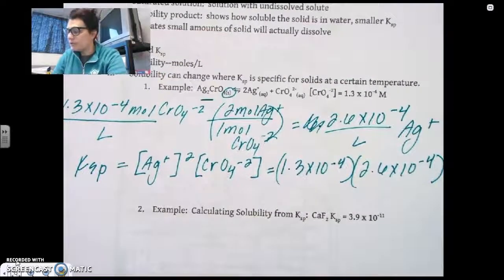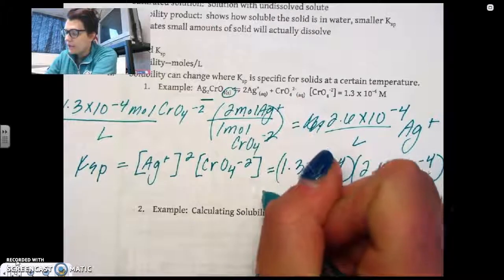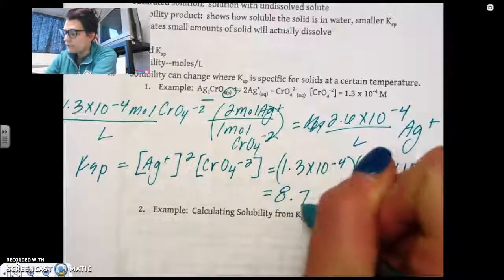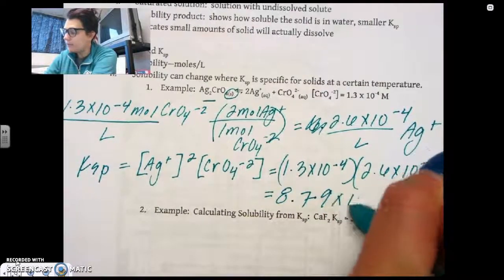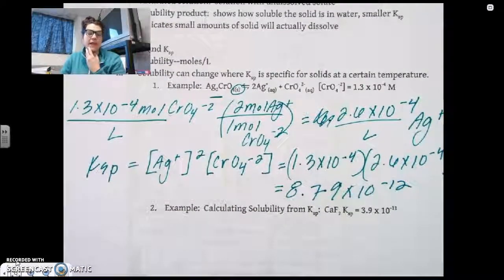When I plug this into my calculator, I get 8.79 times 10 to the negative 12th, and that's the KSP for your silver chromate solid.